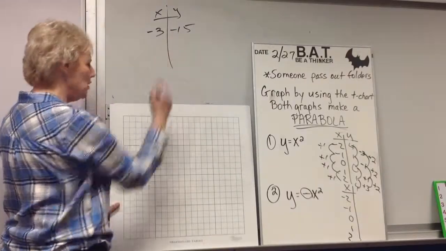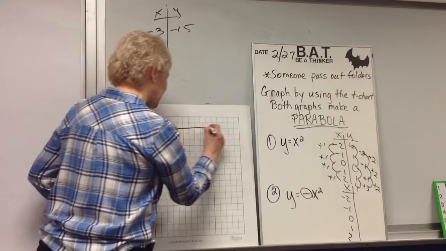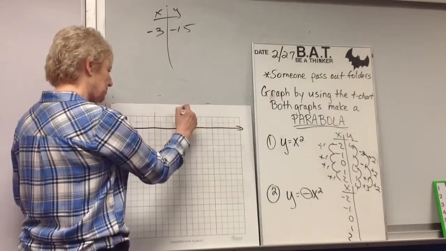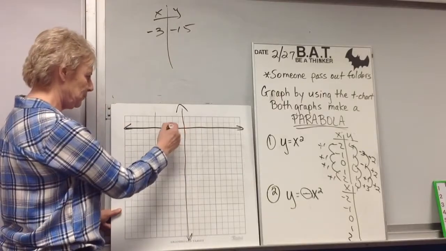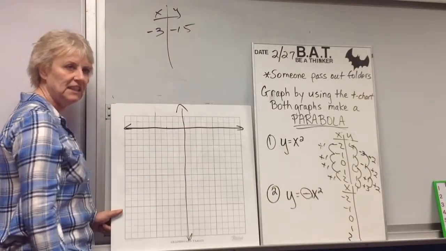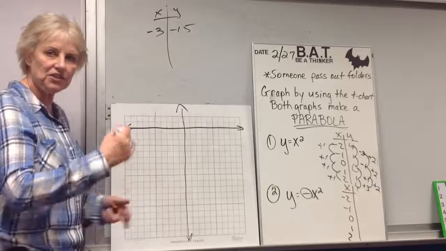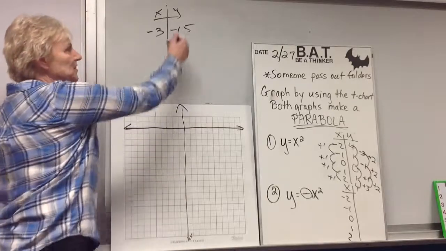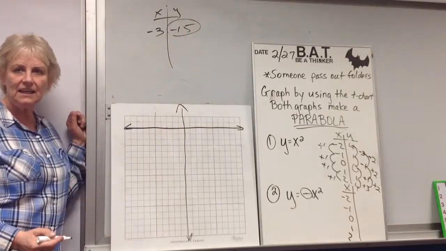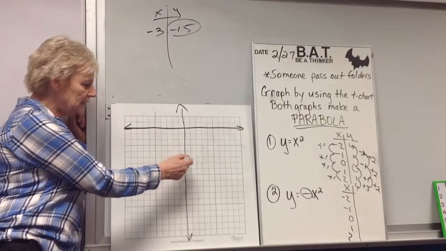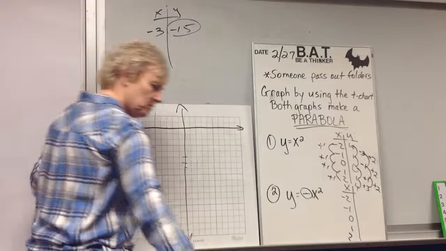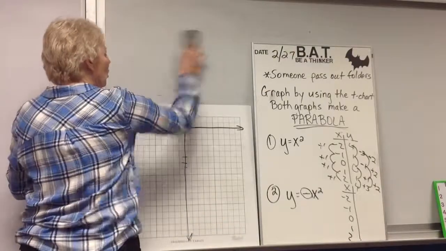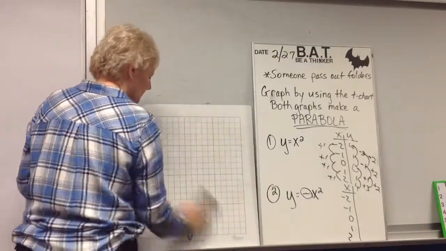And if you know that you have to go down 15, then I suggest you put your x-axis up here, and then you can go down 15. -3, -15. You'll adjust your own x-axis. If this number gets really crazy big, then you can count by 5s or count by 2s. You're going to be making your own coordinate planes from now on.